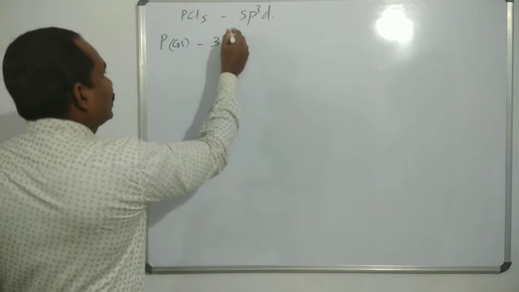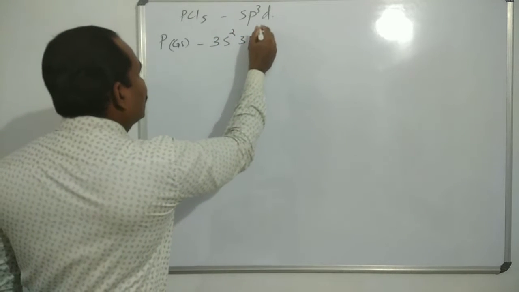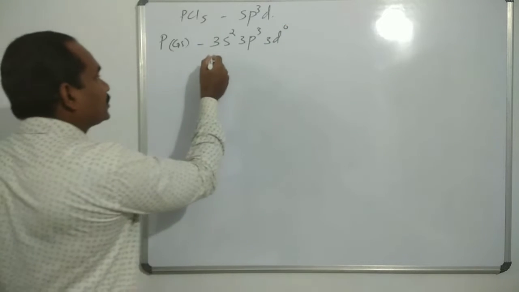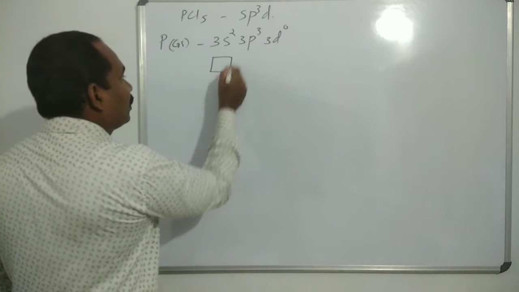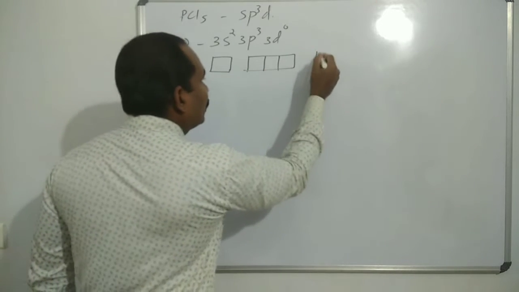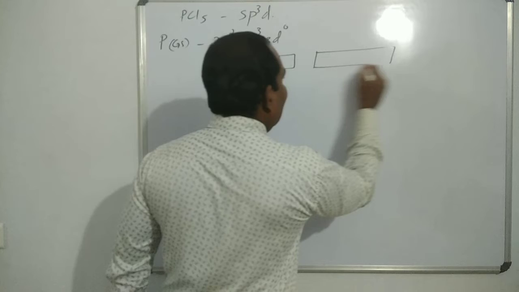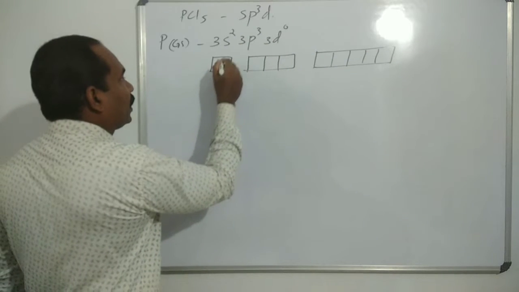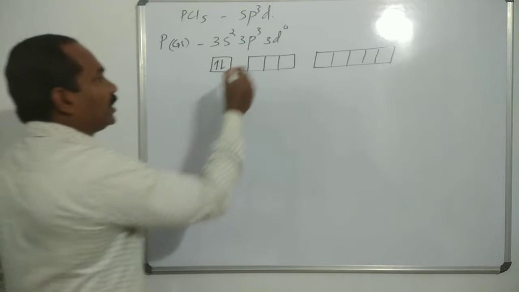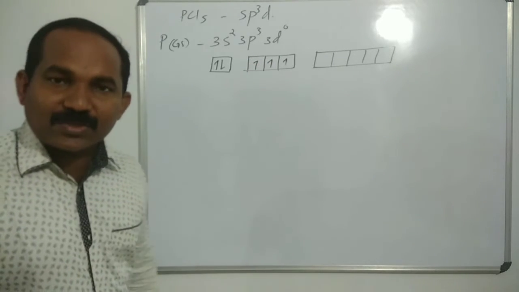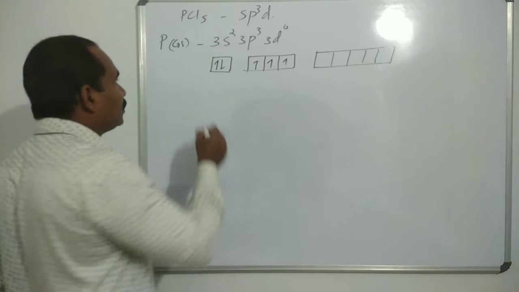Valence shell 3s2, 3p3, 3d0. And let's discuss the representation. There are 2 s electrons and 3 p electrons.